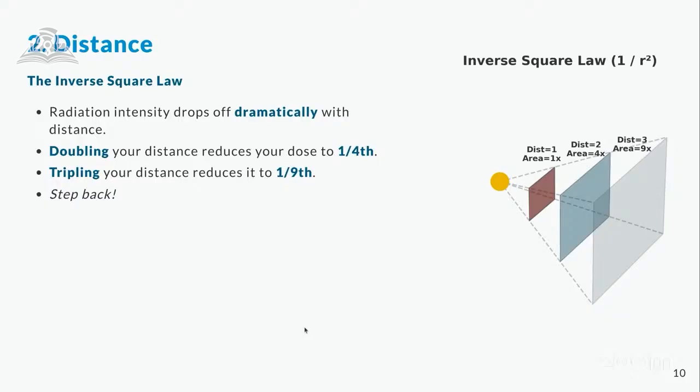If you step back 3 times, you get 1/9 of the dose. So the instruction is very clear. You just need to step back. Even if it seems trivial, it's not. It reduces your exposure by a lot.